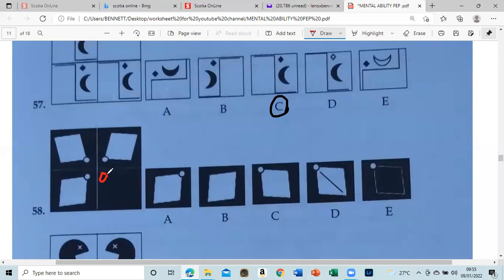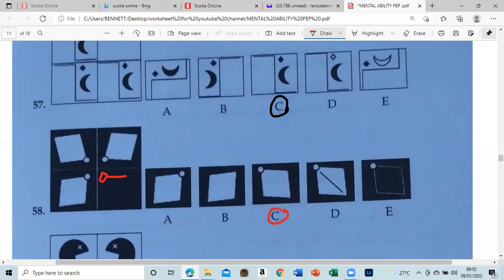So you want the circle to point to this. Alright, so see this one. The only one with the circle point. Well, this one too, but it's another stroke in it.